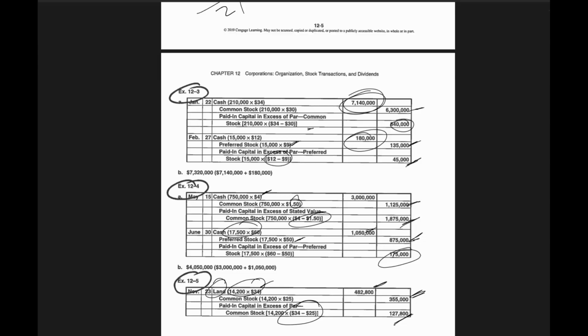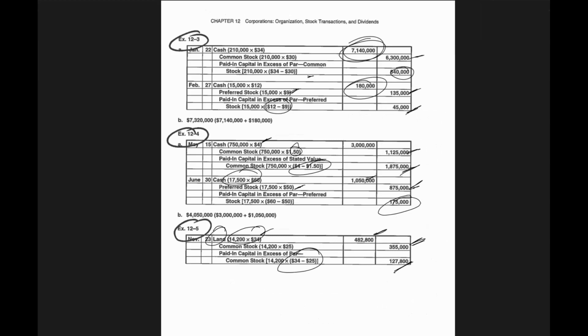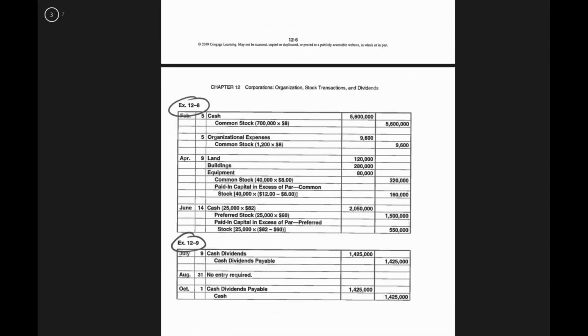Moving along to number 8 here. We got another problem, and it basically asks you to record these journal entries. It says they had 50,000 shares of preferred 2%, $60 par, and 1 million shares of $8 par common.